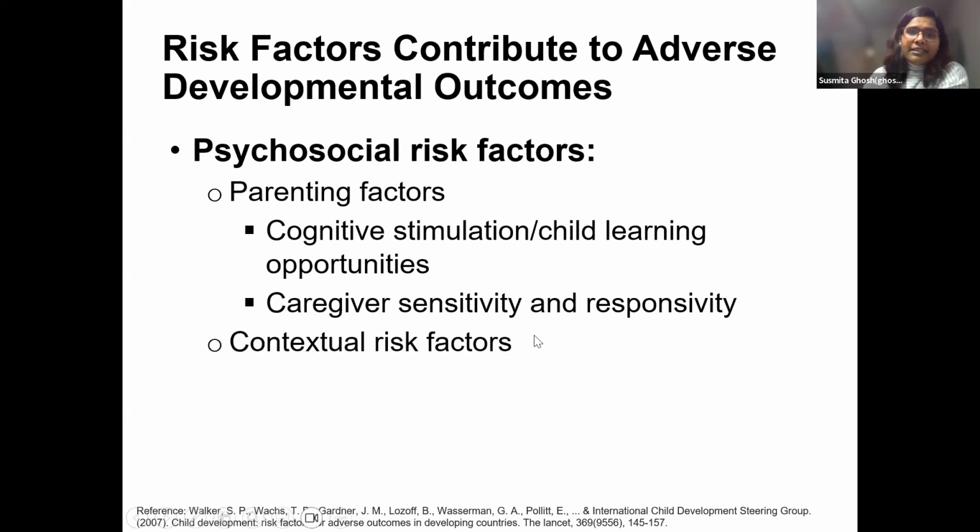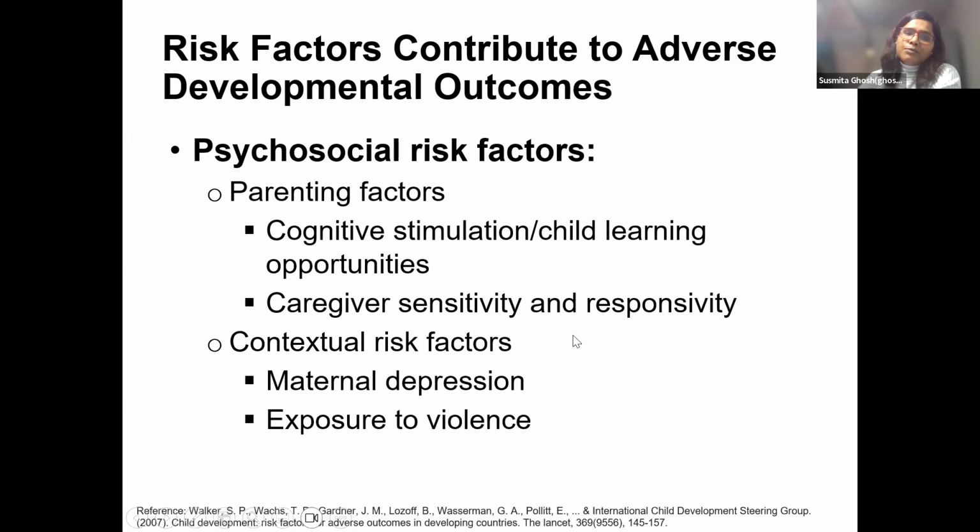There are other psychosocial factors, which are contextual risk factors, and these are maternal depression and exposure to violence. In maternal depression, the mental health of the mother or caregiver isn't very good, and that can affect the home learning environment or the responsive caregiving of the child, which can lead to poor developmental outcomes.